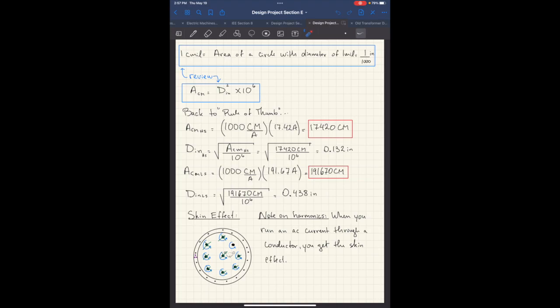We want a circular mill area ideally equal to this, but if we can't have it exactly equal, we want it a little bit larger. We don't want to err on the side of being too small. So for the high side, we want a circular mill area of 17,420 circular mill.